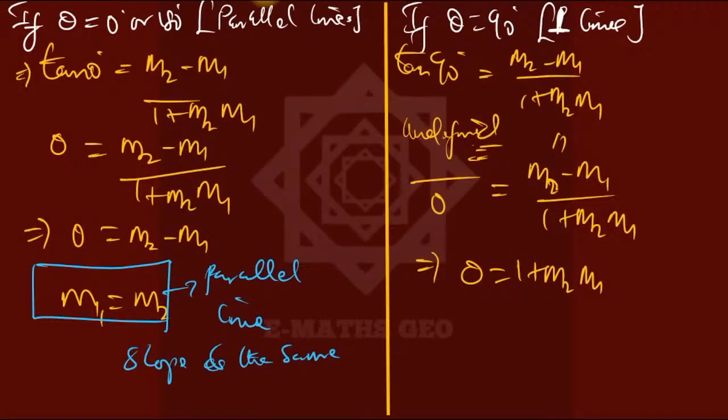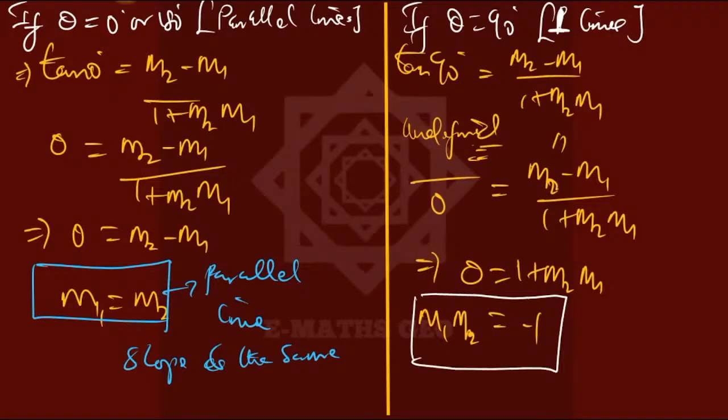So m2 m1 equals minus 1 for perpendicular lines, meaning that one slope is always the negative reciprocal of the other.